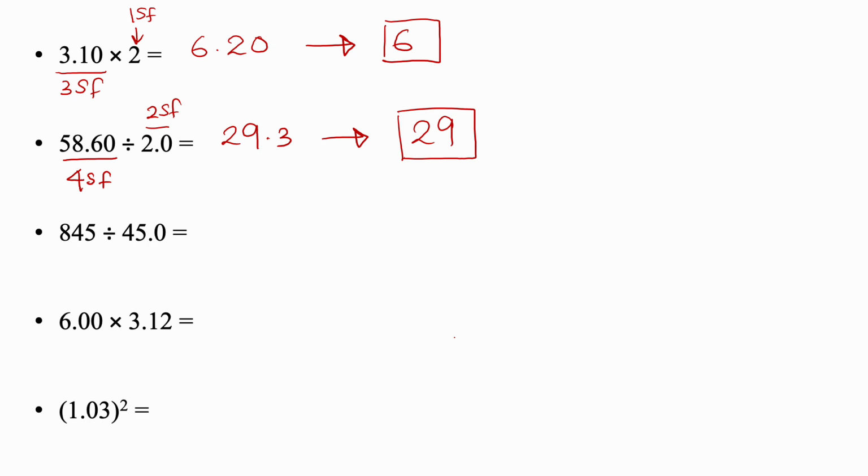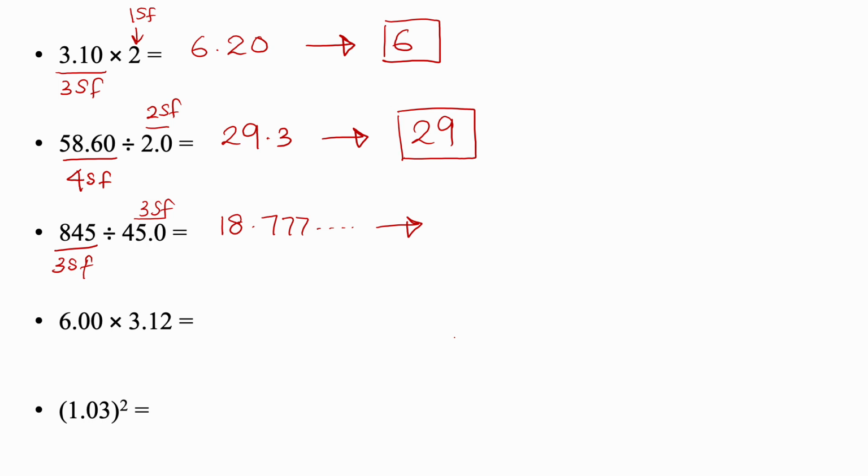845 divided by 45.0. 845 has 3 significant figures and 45.0 has 3 significant figures. Both are the same. Therefore, we should have 3 significant figures in your final answer. When you do the math here, you will get a long answer like this, 18.77 in the calculator. So with the correct significant figures, we should have only 3 sig figs.